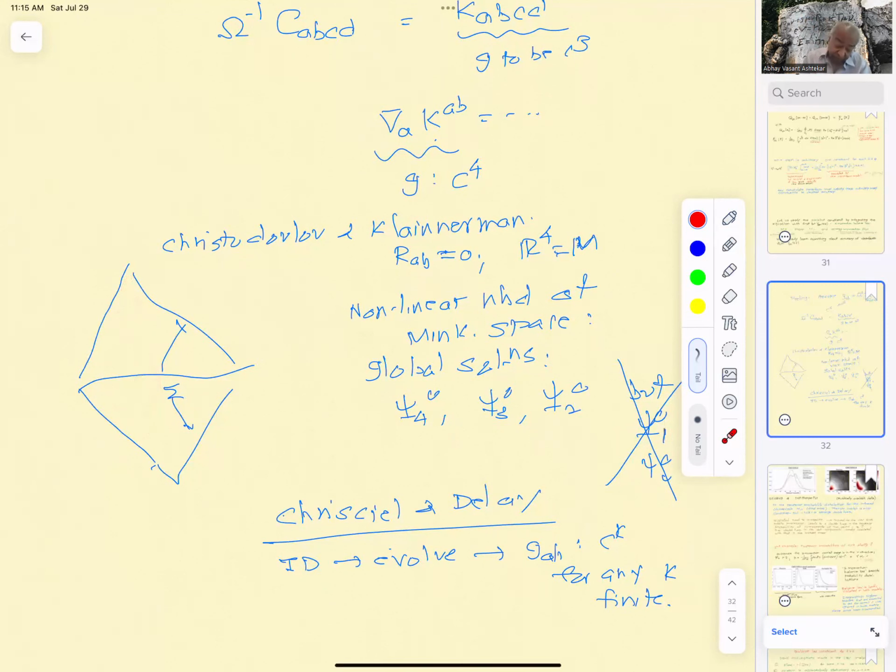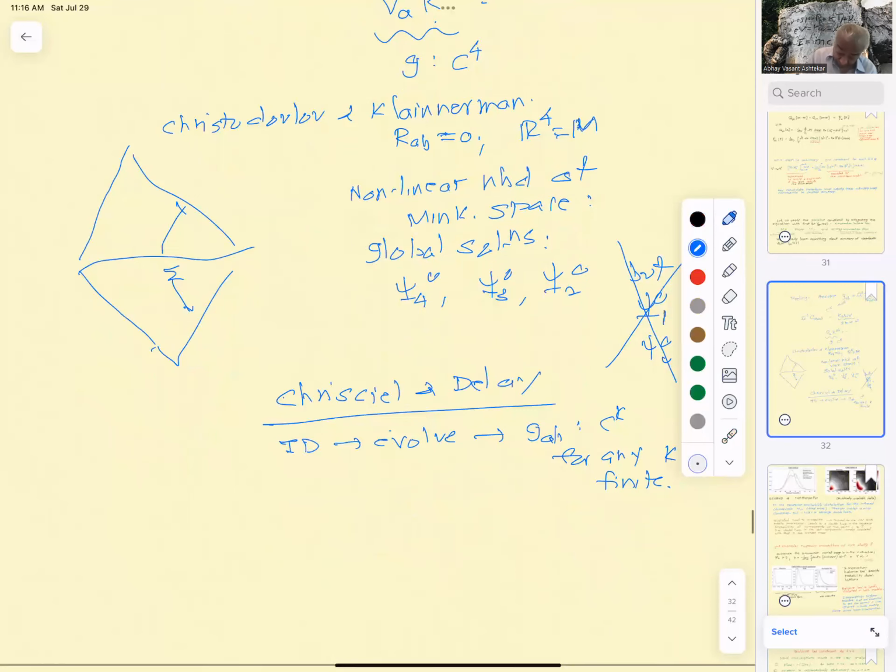Now, what would happen if you actually had a scattering situation in which two black holes come in from infinity and go out to infinity? In that case, I think there are indications that psi1 naught by itself would not exist, because the divergences in psi1 naught are in higher l, m modes. So in scattering situations, I think psi1 naught would have problems.